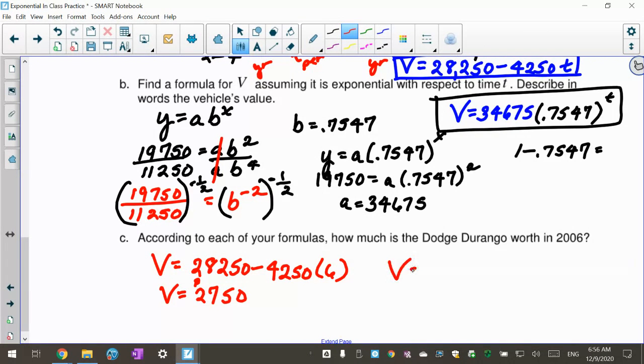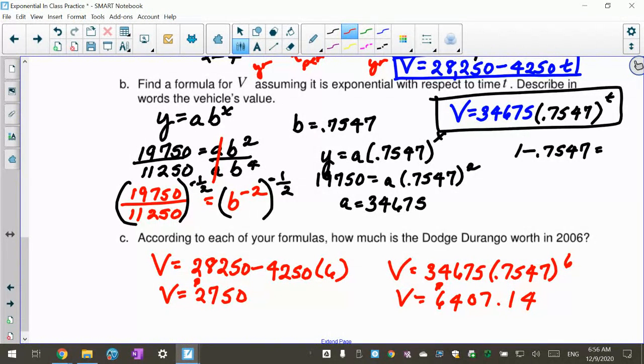If I throw it in this one right here, the 34,675, and I throw a 6 in there, then I'm going to plug in a 6 in this formula, and this will tell me my value is $6,407.14.